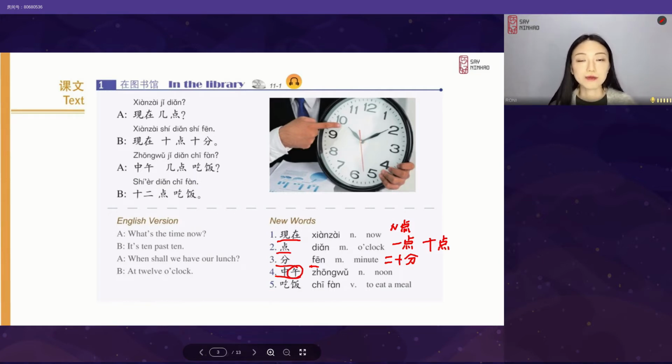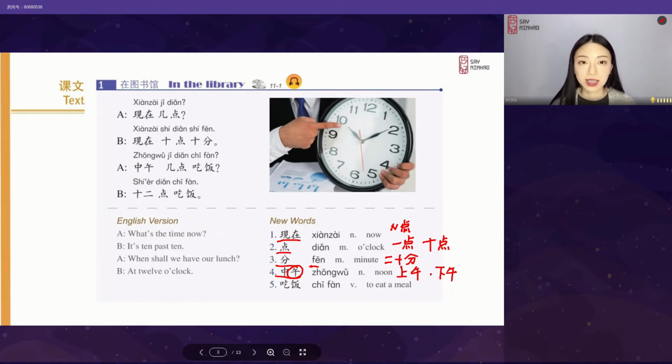And aren't we so familiar with this 午? We have learned many words about 午, which is morning, 上午, right? 上午, morning. And afternoon is 下午, right? 上午 and 下午. Okay. And there are other ways to express the morning, which is 早上, yes, 早上.